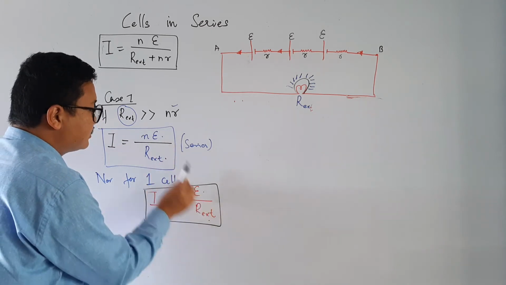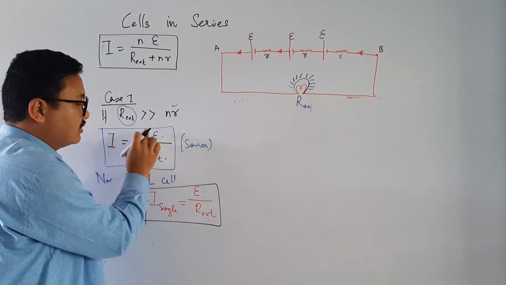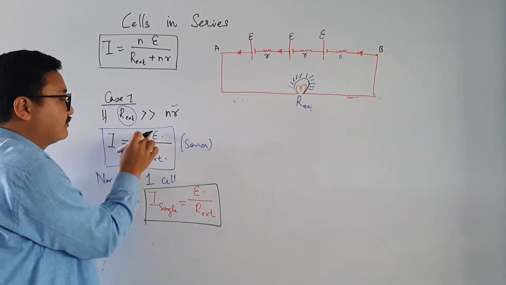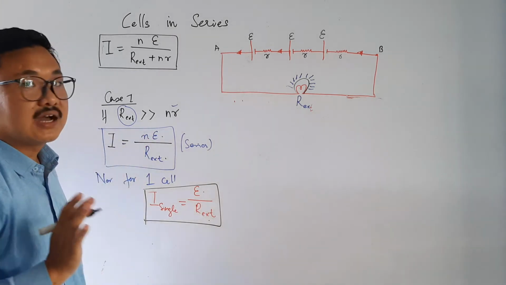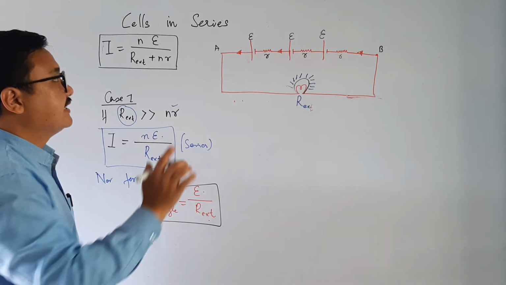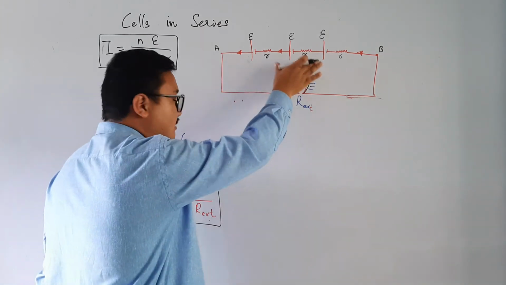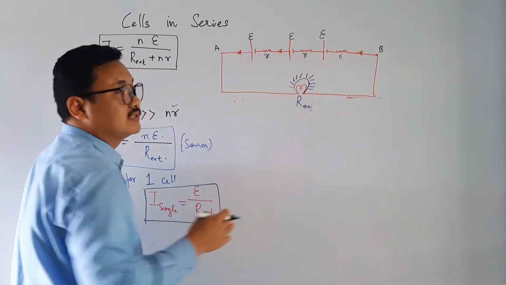It means these two are the same. But there is n. If this is 2, then this will become more. If this is 3, then this will become more. It means that the current will increase in series when the external resistance is large.